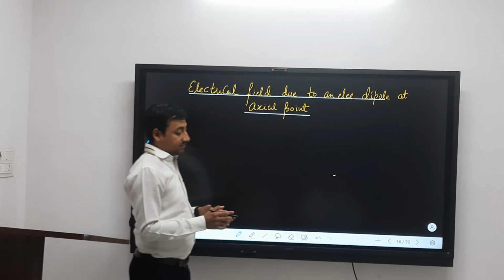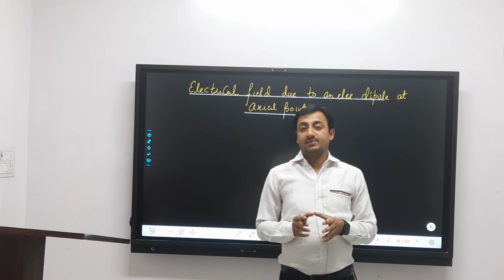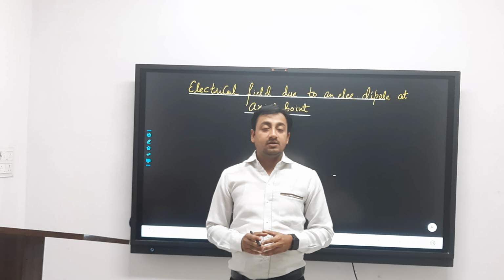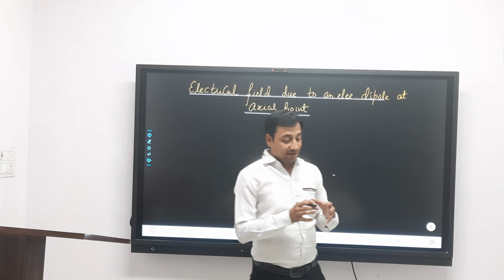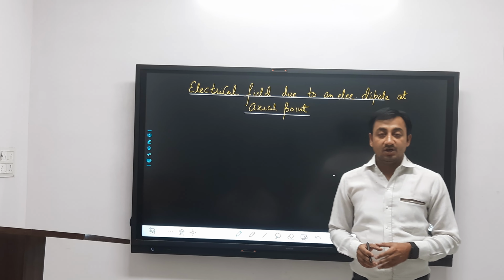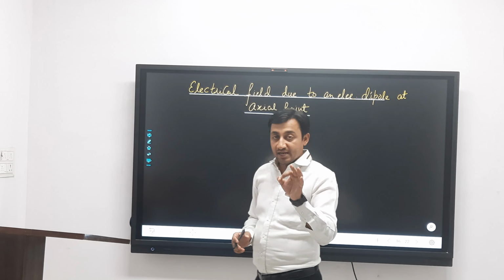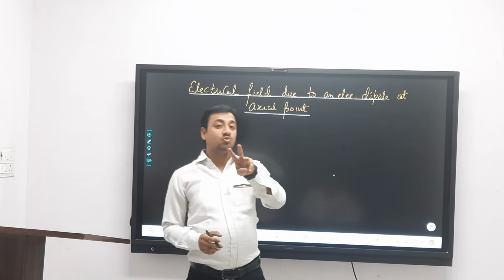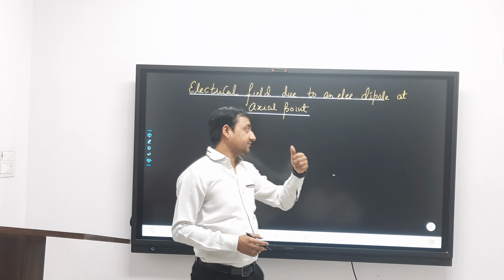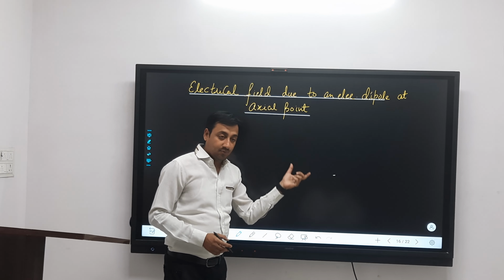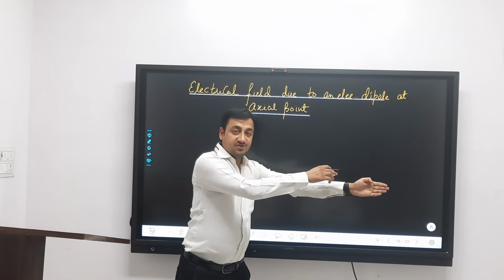Now, as you all know, we'll start with today's part, which is all about electrical dipoles and their types. We have to calculate the electrical field due to electrical dipoles. The dipoles are placed in two conditions. The first one is at an axial point, meaning the dipole is placed on an axis, straight.